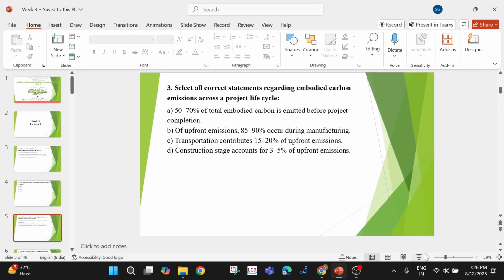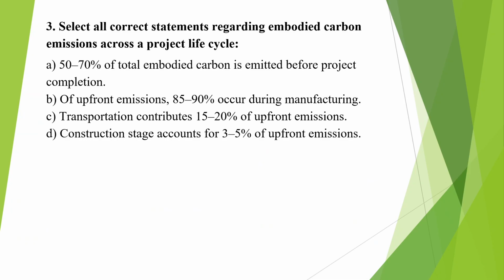So let's discuss the question answered again then. In the explanation we have discussed that before project completion around 50 to 70% of the embodied carbon is emitted, and that is what has been mentioned in option A. Also we know that option B, that of the upfront emissions 80 to 85 to 90% occur during the manufacturing phase, is also correct.